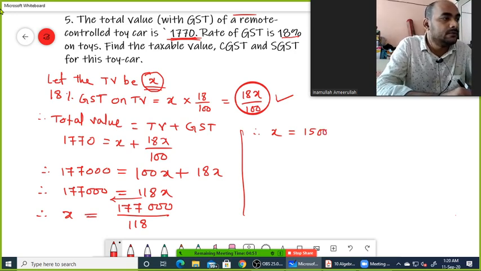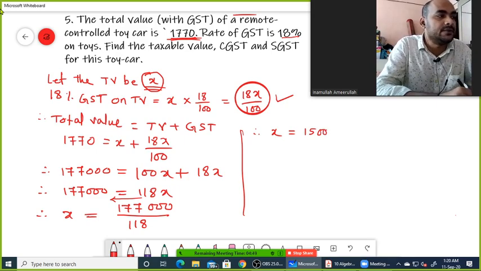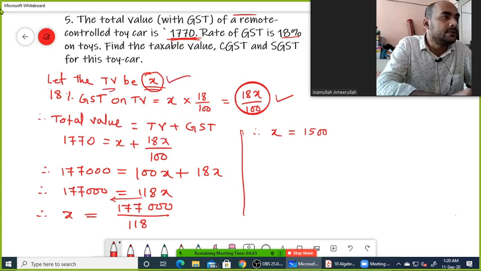When you divide 177,000 with 118, you will get 1500 as taxable value. X stands for taxable value. So taxable value of the car is 1500.